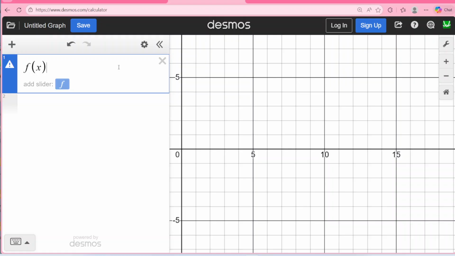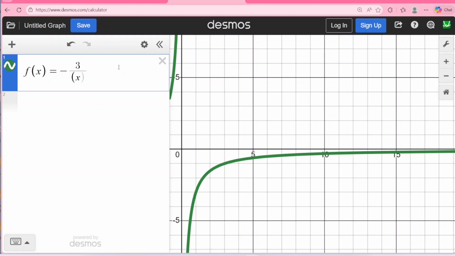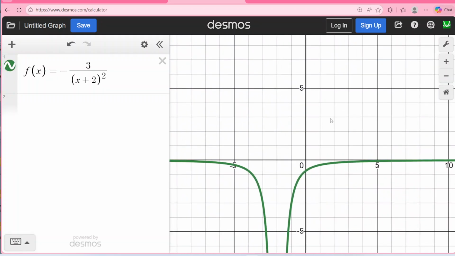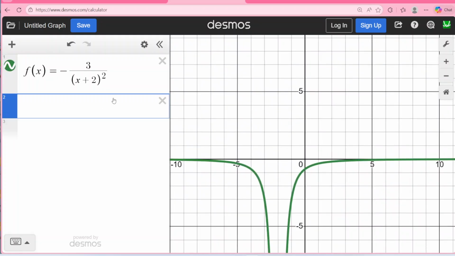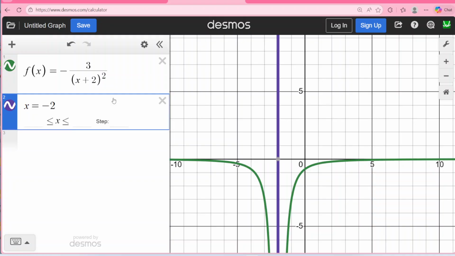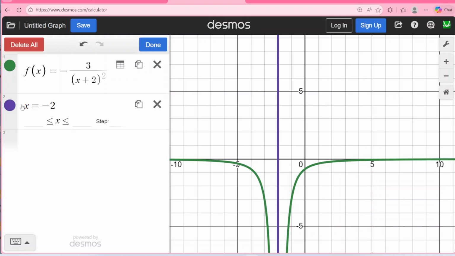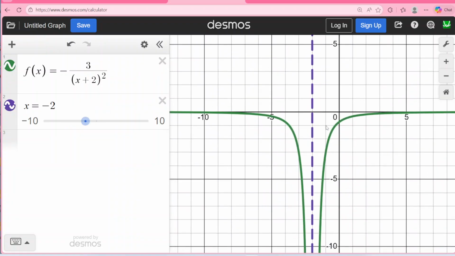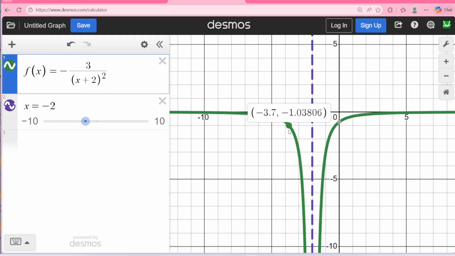I'll show you here. So the function we were given was negative 3 over x plus 2 squared. And then I'll put in x equals negative 2 like they had, maybe make it a dashed line. Hopefully you can see from the picture here that on the left side of negative 2, it's going down forever.